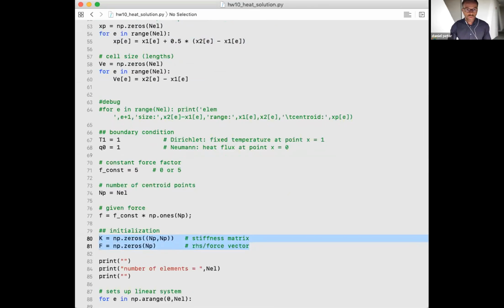Right, so I put that into the GitHub folder. You can play around with this finite volume implementation, and if you plot it, let me see if I can show you how the figure would kind of look like.